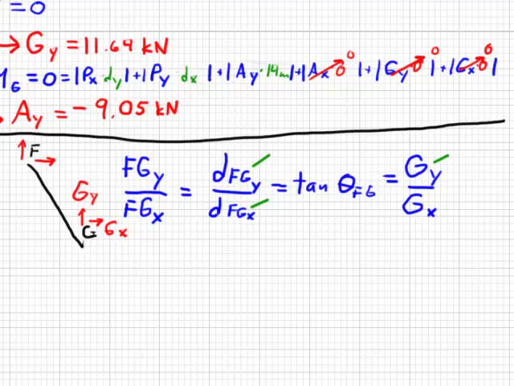That gives me an equation with one unknown, Gx. So I can rewrite this solving for Gx.